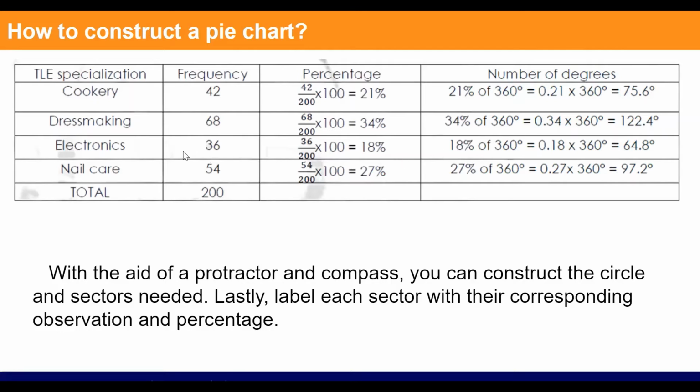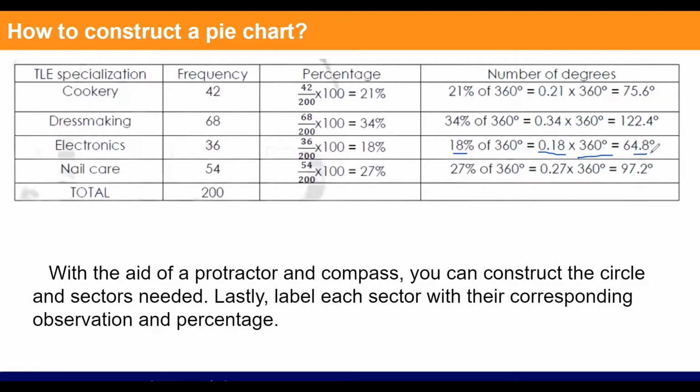Next, electronics is 36. 36 divided by 200 times 100 equals 18%. And then 18% of 360 degrees: 18% changed to decimal becomes 18 hundredths, times 360 degrees.